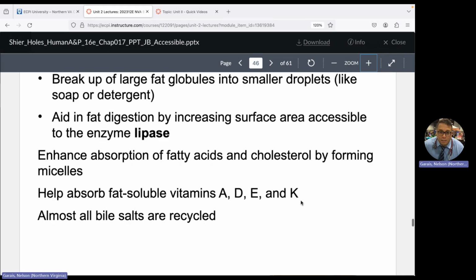Absorption of A, D, E, and K: vitamin A, retinol for your vision, vitamin D for calcium absorption or calcium balance, vitamin E as an antioxidant to protect your joints in older age and during damage, and vitamin K for hemostasis, also known as clotting.